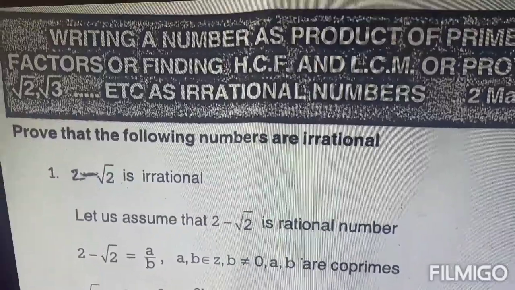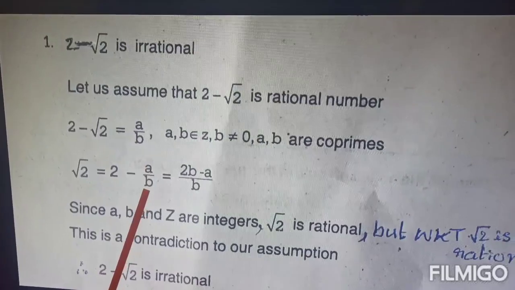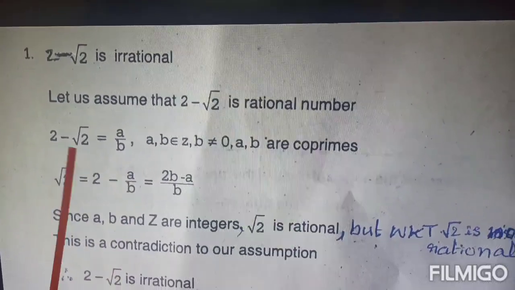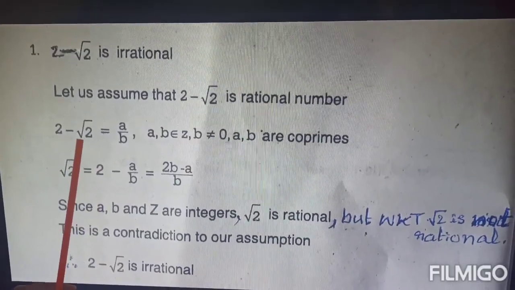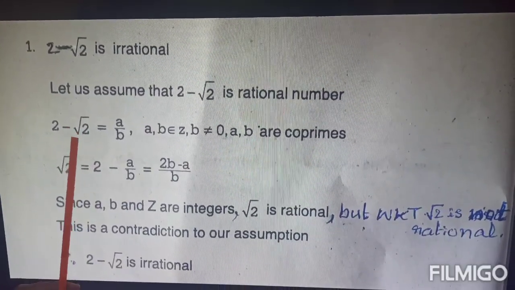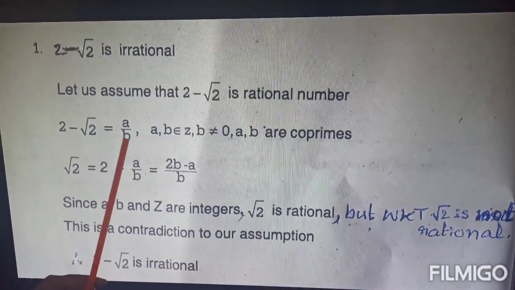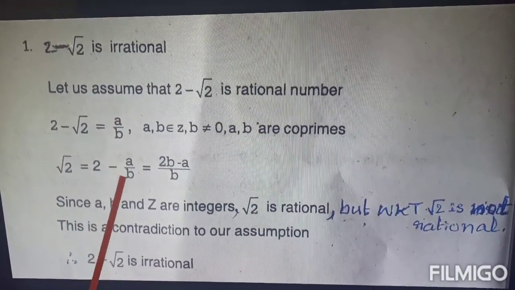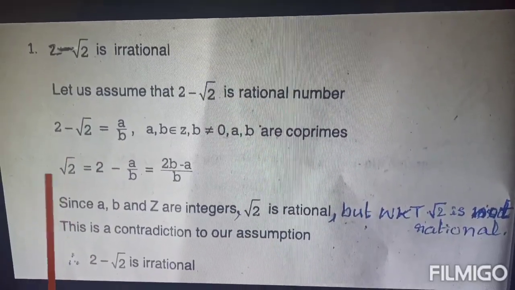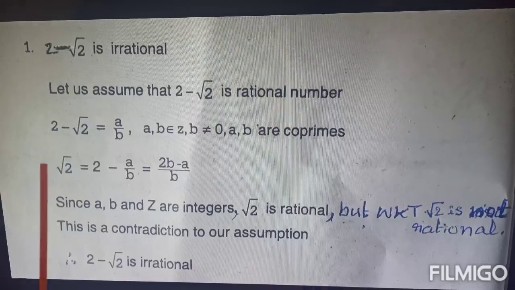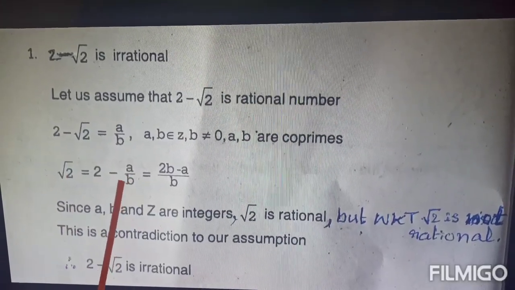Root 2 is equal to 2 minus a by b. I have to transfer this 2 to the right side. Take minus root 2 to one side and 2 towards a by b, because we have to keep only one root number, the irrational number, on one side, and take the remaining part to the other side.